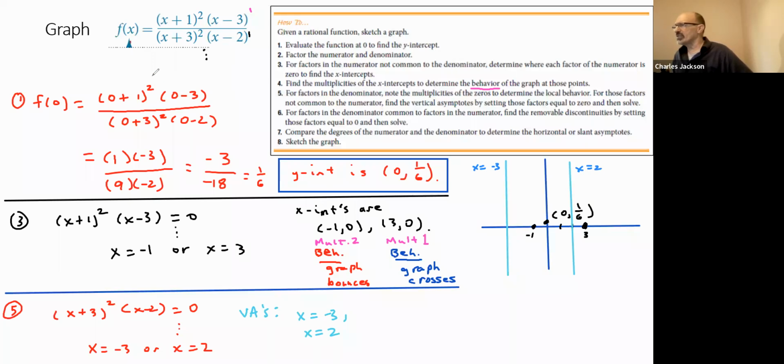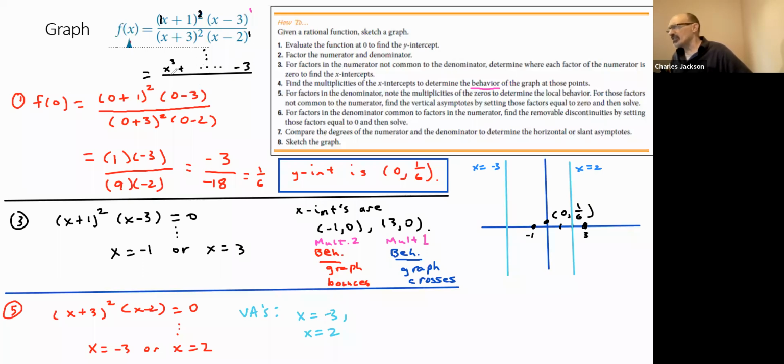But you could FOIL all that and then multiply by this binomial, and what you would get is x to the third as the leading term in the numerator, plus a bunch of other stuff. And we know that because the biggest term is going to be 1x times another 1x because it's squared, times another 1x. So x times x times x, that's x cubed. Same thing, by the way, we can just look at these constants, 1 and -3, and know that this thing's going to end with -3.